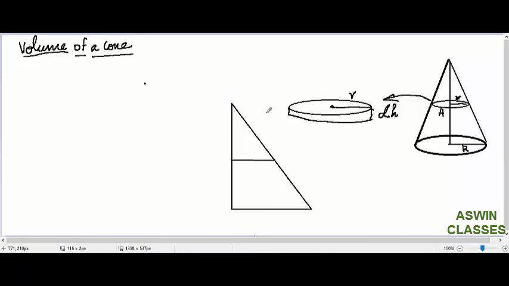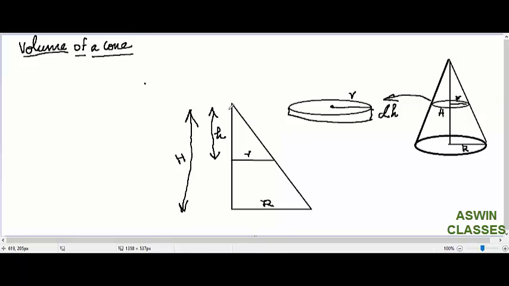So this will be the radius r, and this will be the radius of the cone, and this whole length is the height of the cone. Let the height up to this point, the distance from the vertex to the section we took, be h.